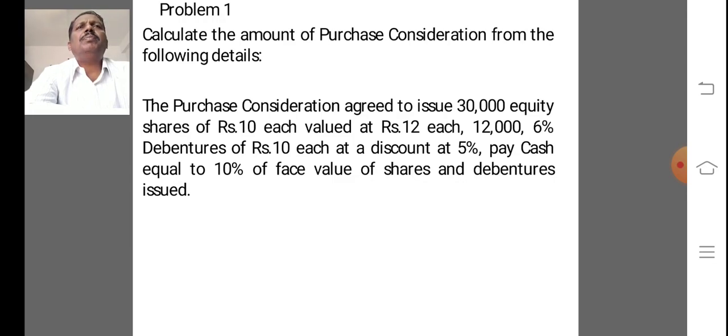The purchasing company issued in the form of 3: equity shares, debentures and cash.